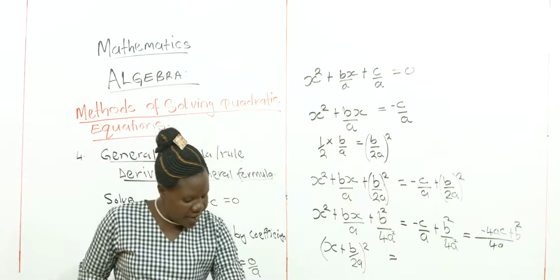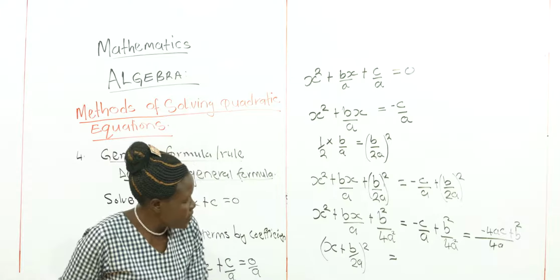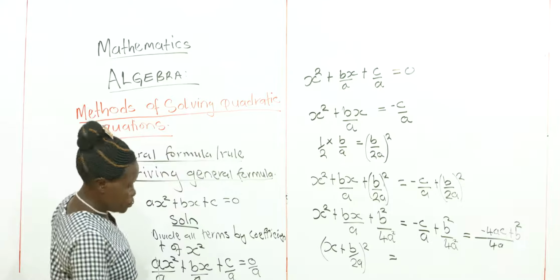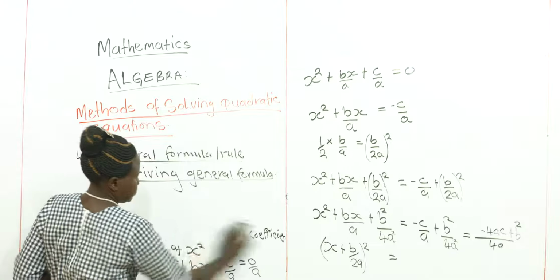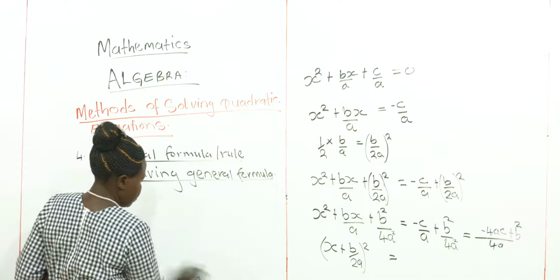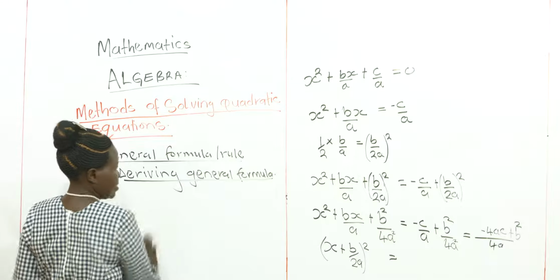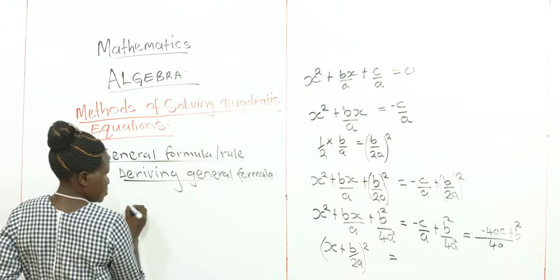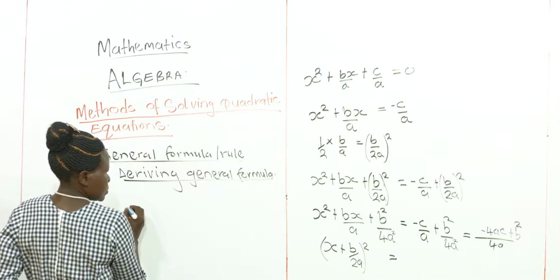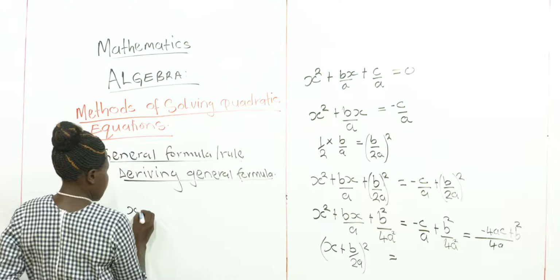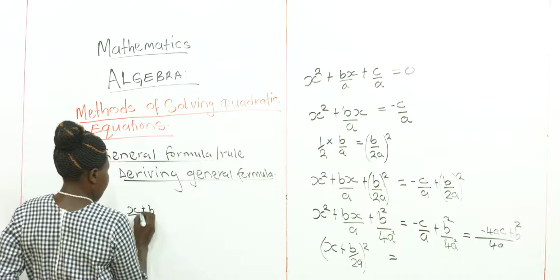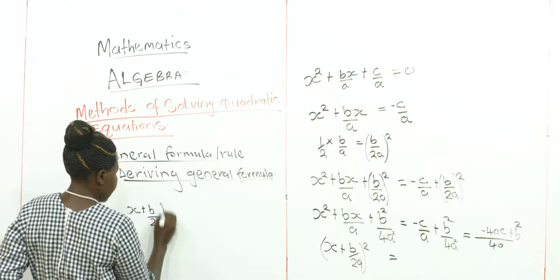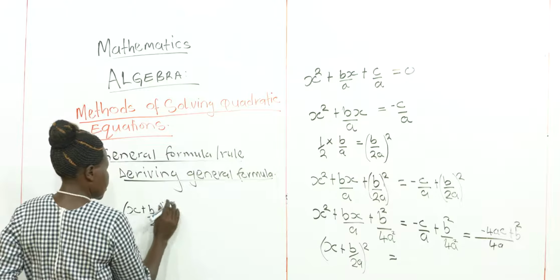So now, dear learners, at that level, we are now going to apply what we call the perfect square root. That is rooting both sides. We shall now have x plus b over 2a, square rooted.